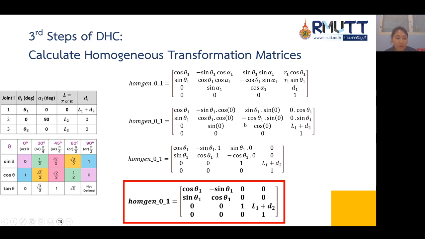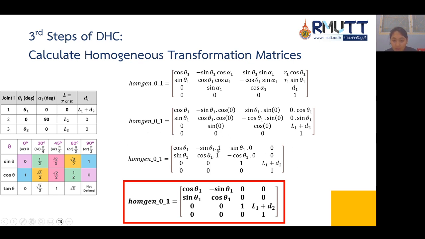And after that, by using this trigonometry table, we can calculate that cos 0 is 1 and sin 0 is 0. Then just change the values using this trigonometry table, and after that we get this matrix.